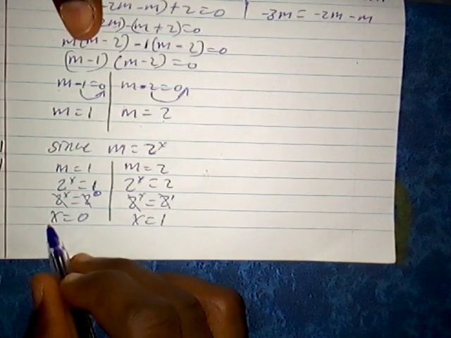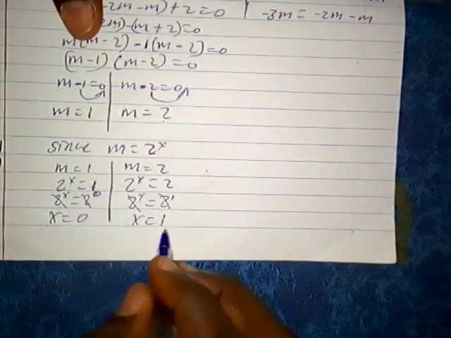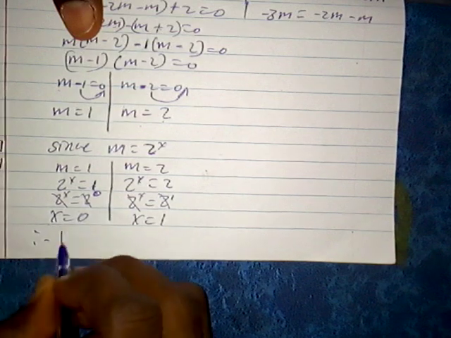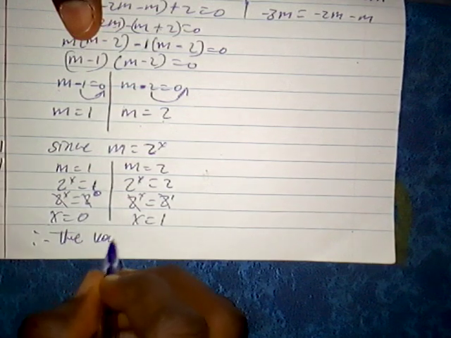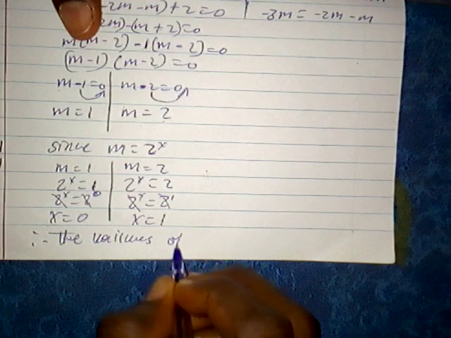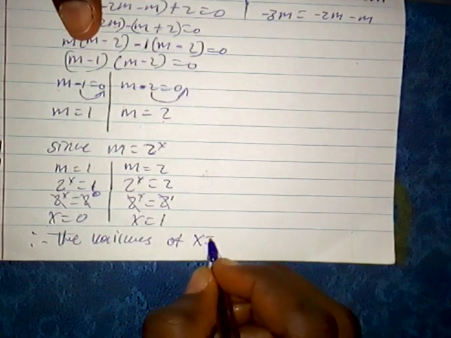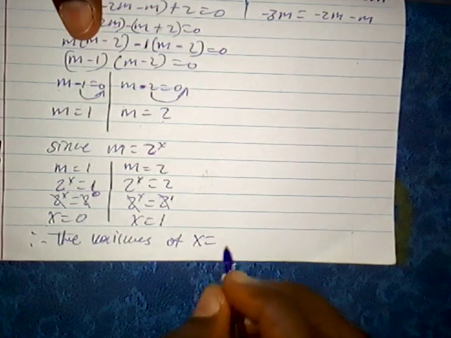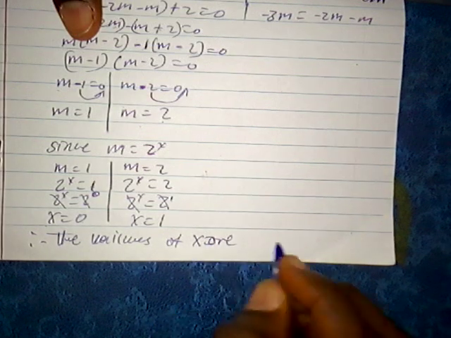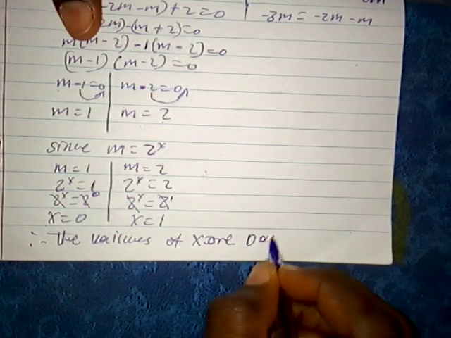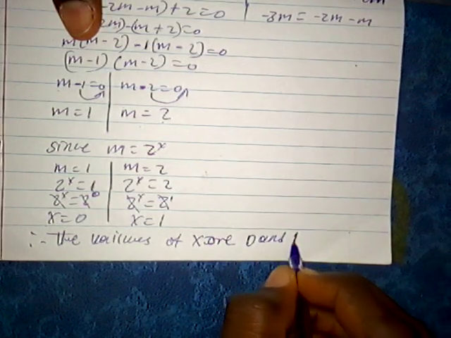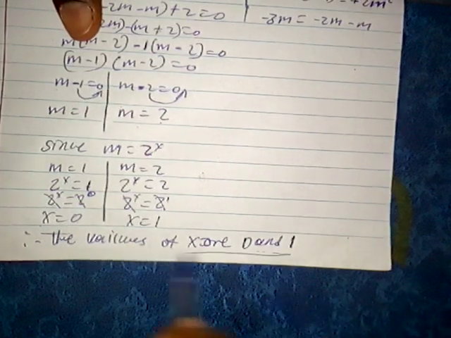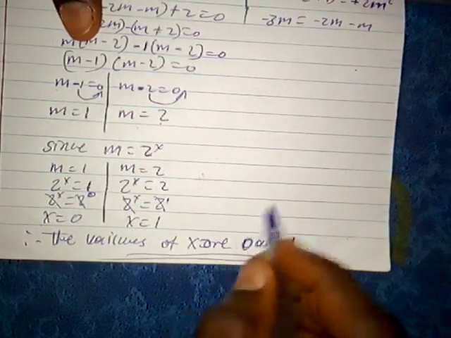So the values of x are 0 and 1. These are the values of x. This is your answer.